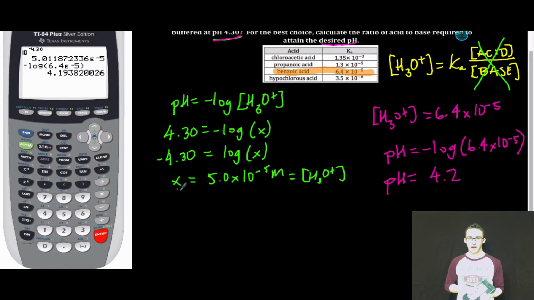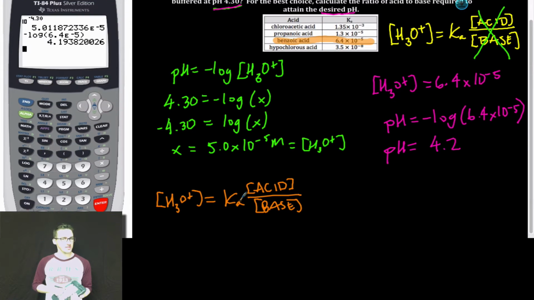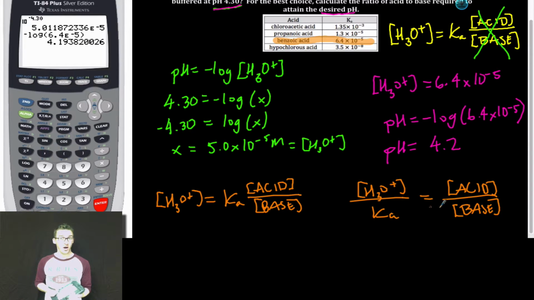Well, I'm going to rewrite my expression for the hydronium ion concentration for a buffer. Boom. But notice what happens here when I divide each side by Ka. I set up a ratio between my hydronium ion concentration and the Ka that we can compare to the ratio of our weak acid to conjugate base.